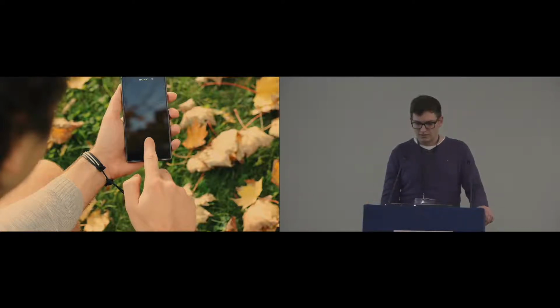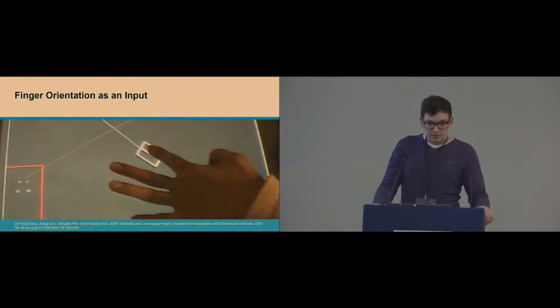And this work is using the finger orientation. Wang et al. already back in 2009 used a tabletop with a back projection and a camera to estimate the finger orientation to overcome the distance between the finger and the target.